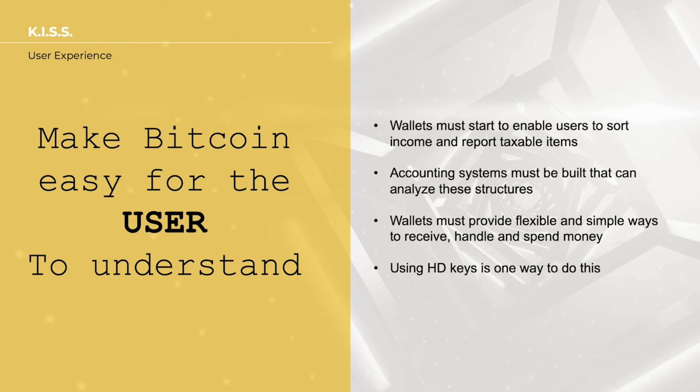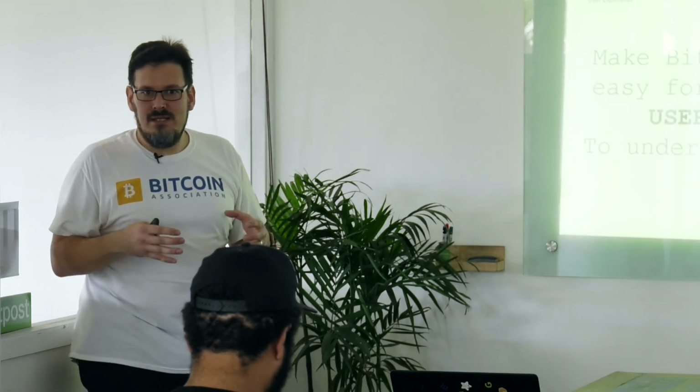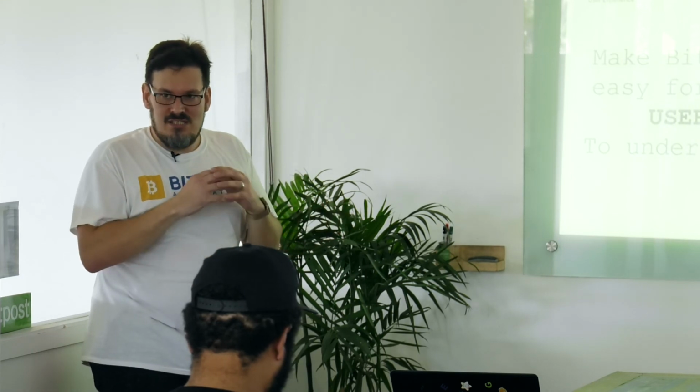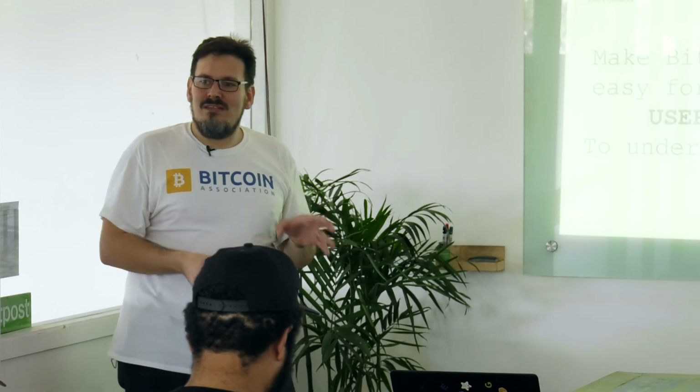Wallets have to provide flexible and simple ways to receive, handle, and spend money without compromising your tax liabilities, and that's what's happening right now. HD keys are a really good way of doing this. So it bears thinking about for everyone here to really learn how this works, learn how to use it. It's not scary, it's not difficult, it's just something that you need to do.